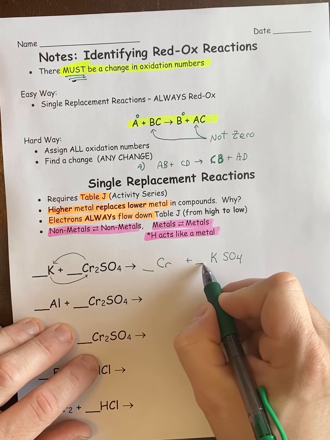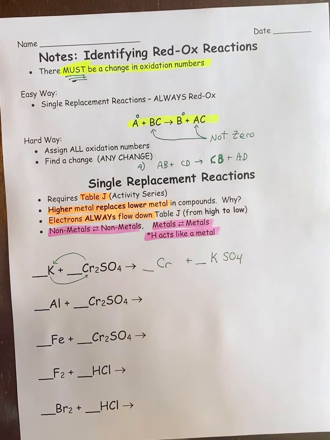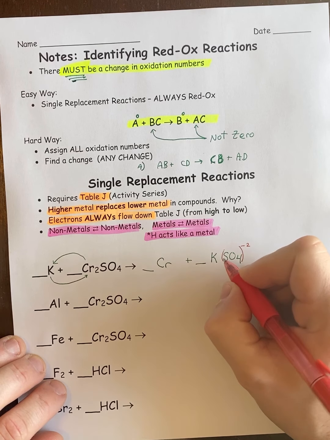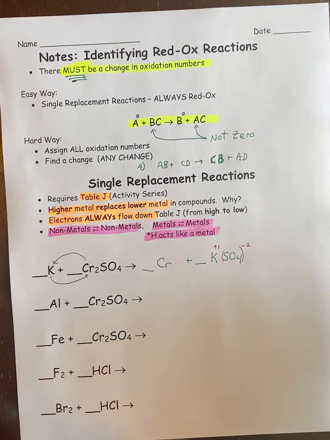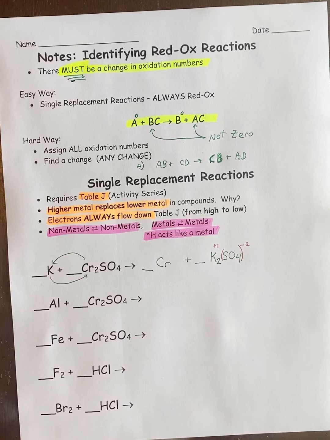So now the next part is K and SO4 have to be crisscrossed as well. In other words, SO4 is -2 as a polyatomic. K is group 1, so it's +1. When I crisscross those, I get K2SO4. So now that is a completed single replacement reaction, but we're not done yet.